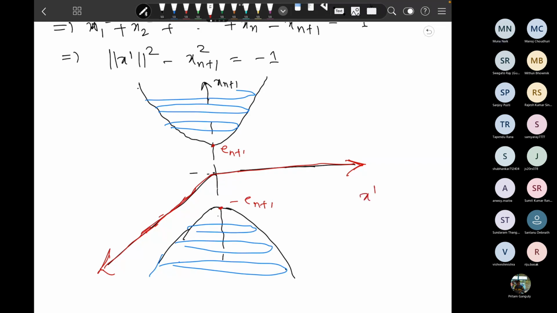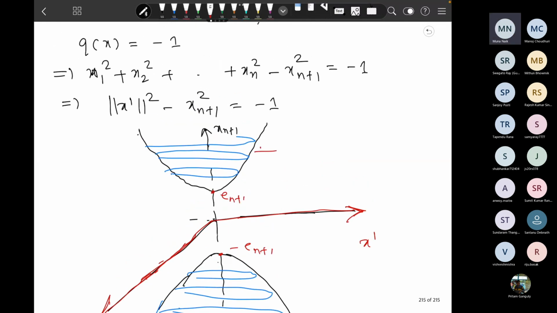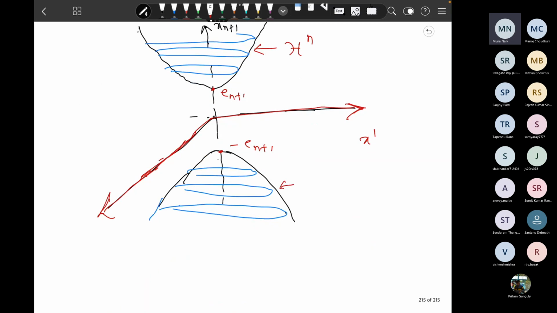So actually this will look like two sheets of a hyperboloid. The upper half is your H^n, and the lower is your H^n tilde.